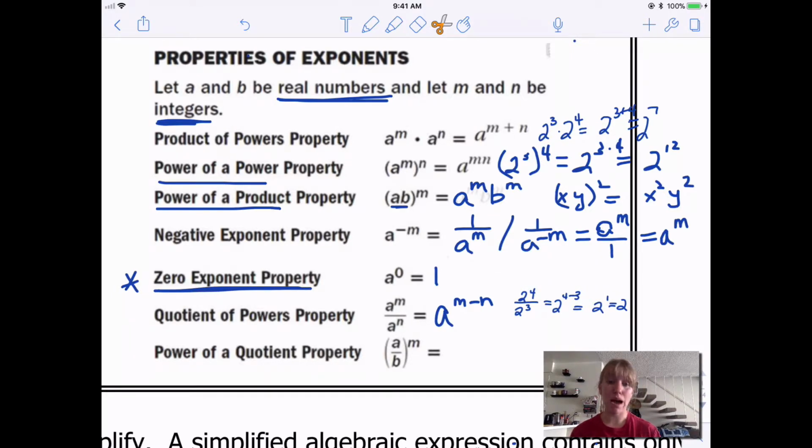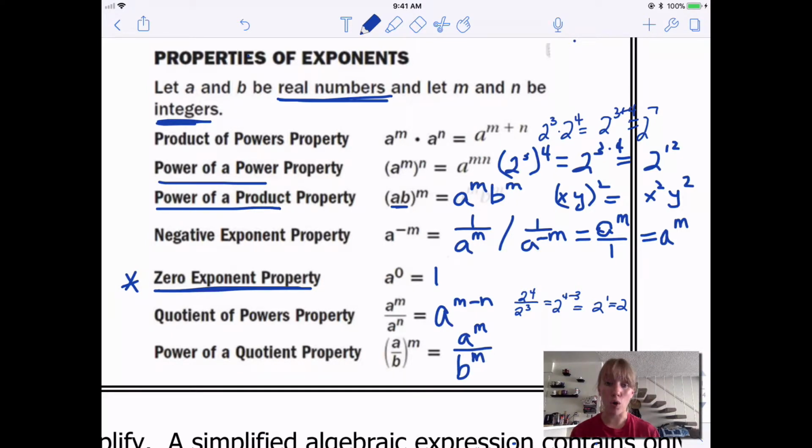And the last one, power of a quotient property. This is kind of like power of a product property. If you have parentheses and an exponent outside of your parentheses, that exponent has to apply to everything inside your parentheses. So here what that means is I'm going to take my m, and it has to apply to my a on the top, and it also has to apply to my b.